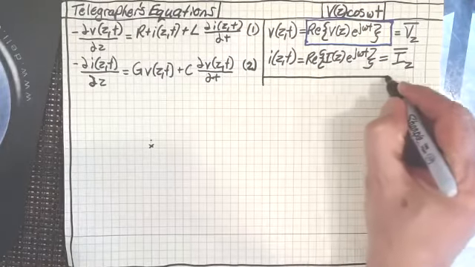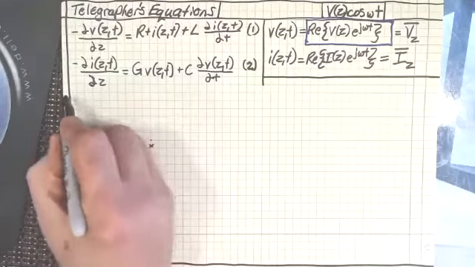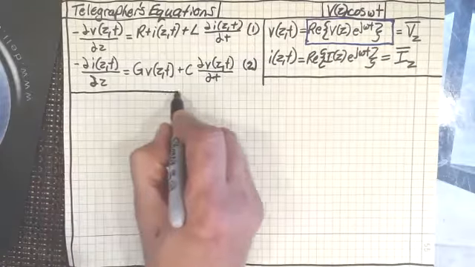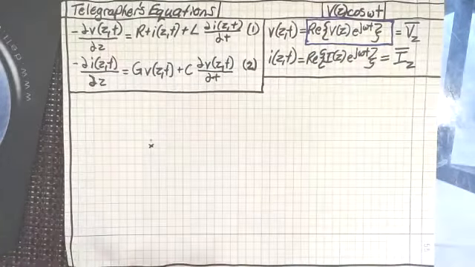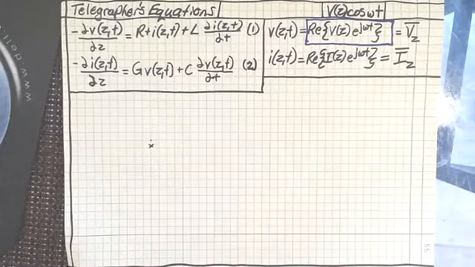And now that we've got those out of the way, there's your Telegraphers equations, and there's the two functions for voltage and current along the transmission line.